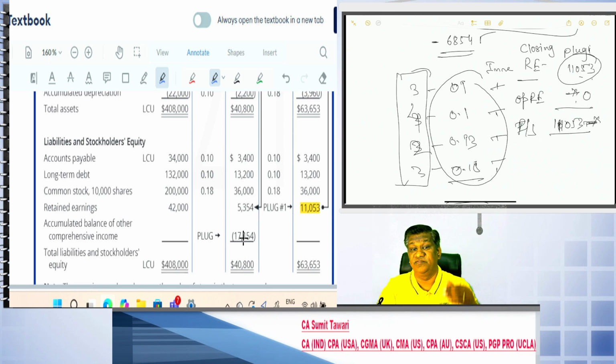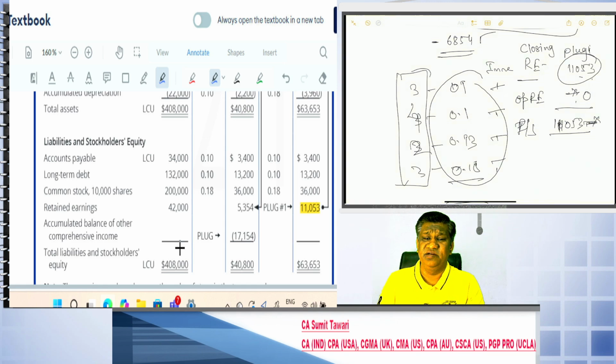The retained earning difference comes from two reasons. One is that we apply a different exchange rate for the retained earning. The second is that we apply the historical exchange rate to the equity. Whatever amount or difference arises, that is my accumulated amount. We need to carry it through other comprehensive income, and it goes to the accumulated balance of other comprehensive income. That happens in the translation method.